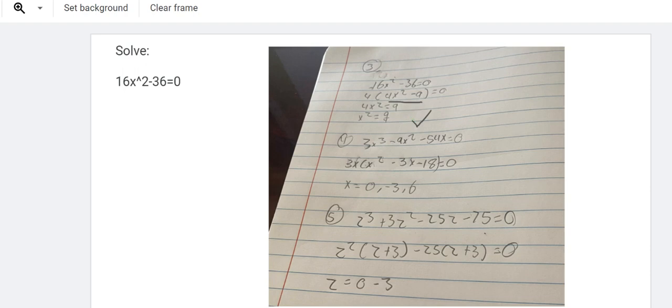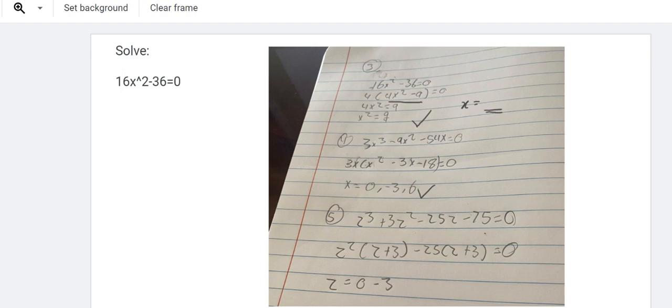To solve that one, you need to write down the final answer as x equals something. And then for question number 4, the answers are 6 and negative 3.